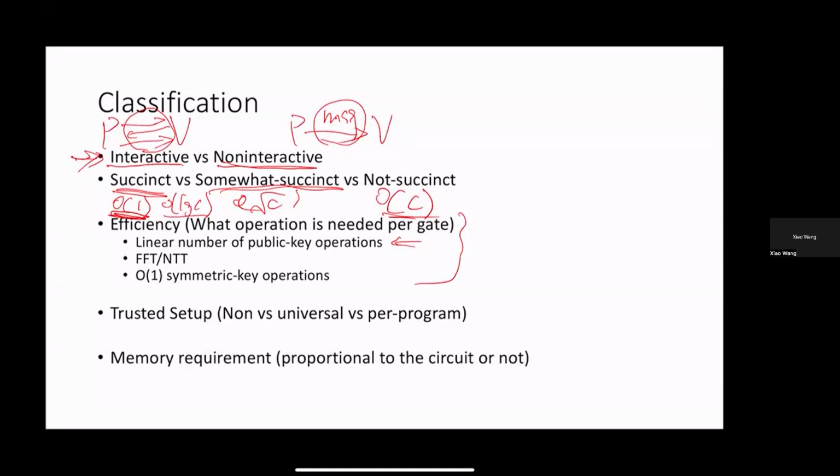The second level is where we run an FFT or NTT, number theoretic transform, on the whole circuit. The first one has complexity C times the cost of a public key operation. The second one is C log C basic operations, because of the cost of the NTT there is a logarithmic factor.